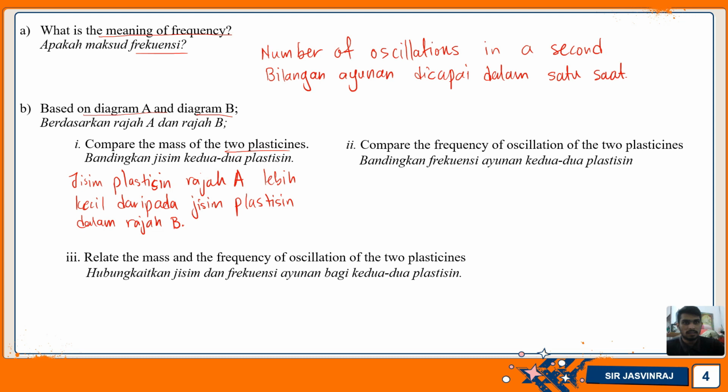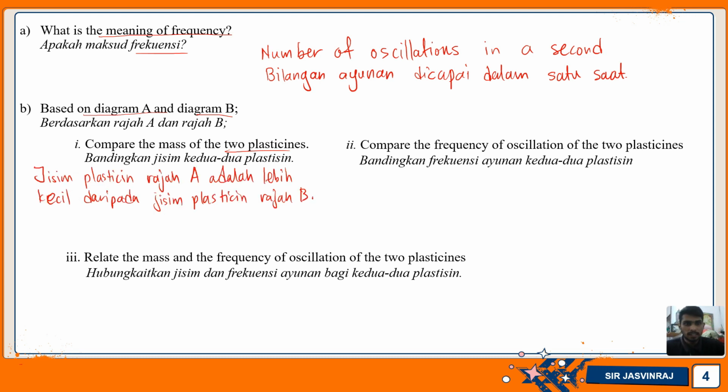The mass of plasticine in diagram A is smaller than the mass of plasticine in diagram B. Finish. Easy as that. Easy peasy lemon squeezy.